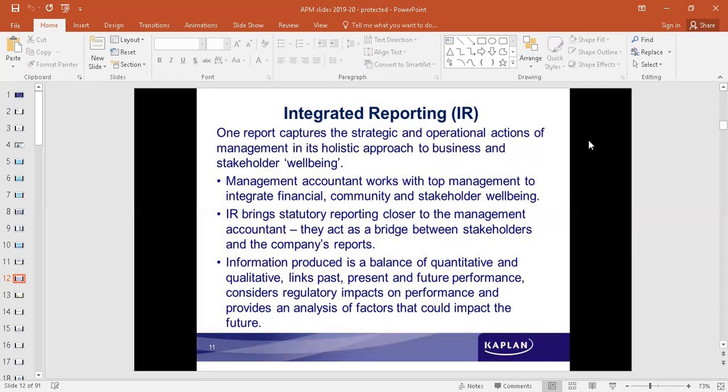Then the financial statements are basically in summarized form. We do not have detailed information about various aspects. We also know the stakeholders are all dependent on the disclosure of the financial performance of the organization.